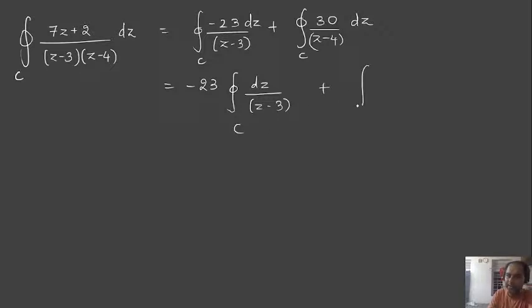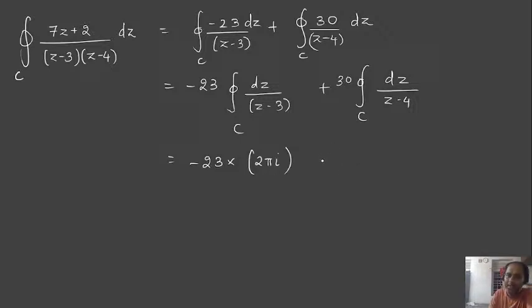So the answer here will be minus 23 into 2 pi i, and whatever is the function in the numerator, here the function is 1, so there is no difficulty, it is 2 pi i only.